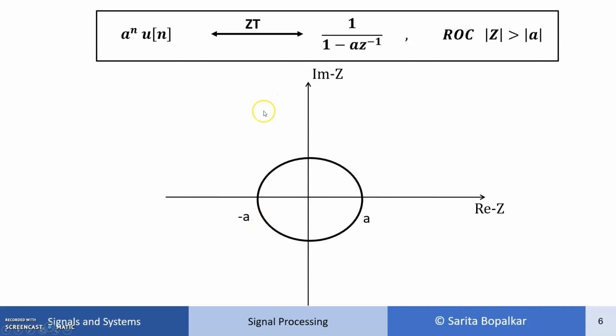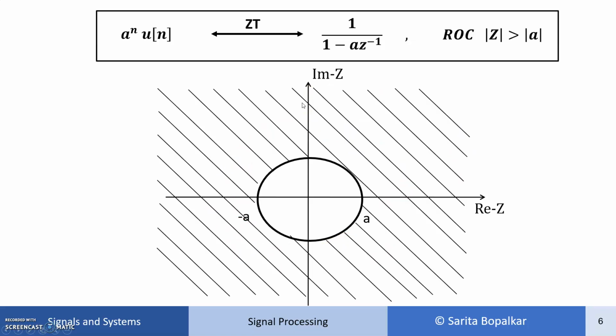Now all the values of z for which it is greater than mod a means it is the exterior part of this circle whose radius is mod a. So for the sequence a raised to n u of n, the ROC is mod z greater than a, that is the exterior part of the circle whose radius is a.